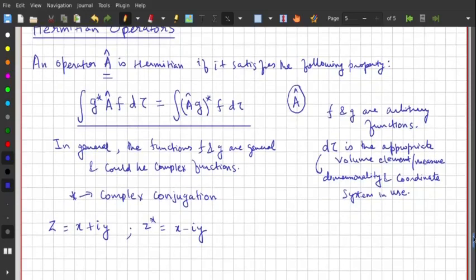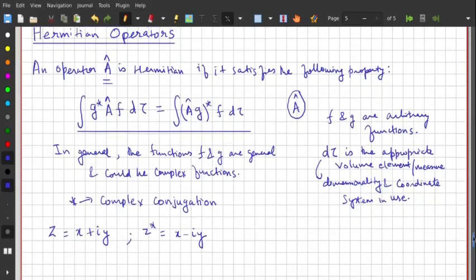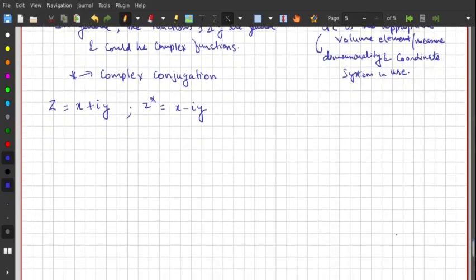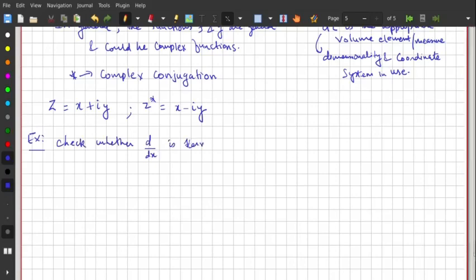So let's use this definition and check some operators to see whether they are Hermitian or not. For example, let's check whether the first derivative operator, d/dx, is Hermitian or not. How will we do that?